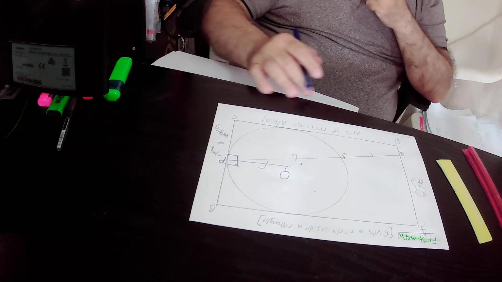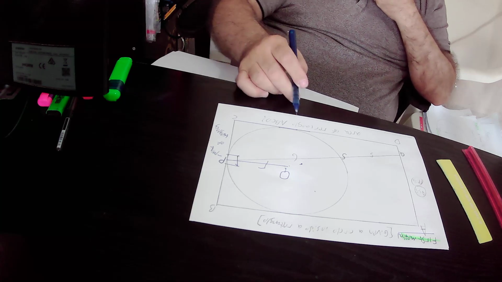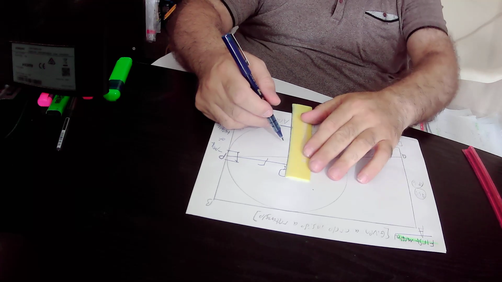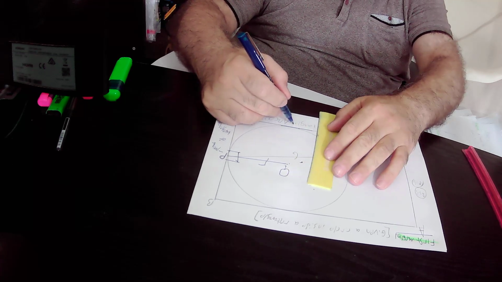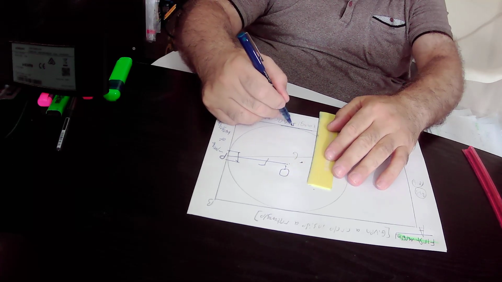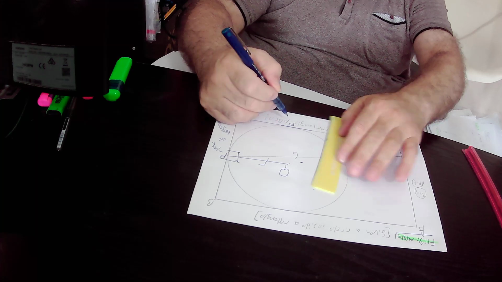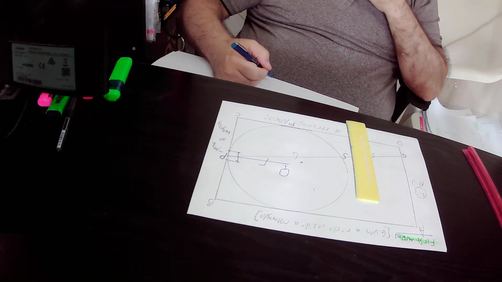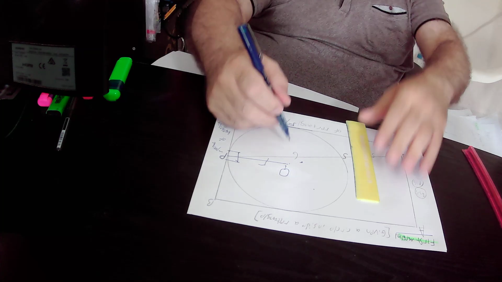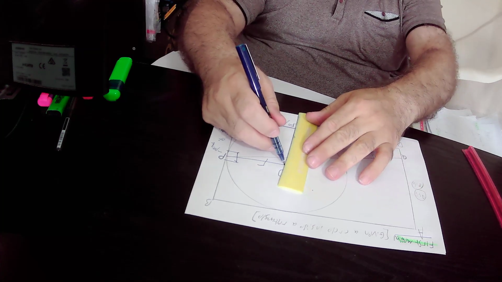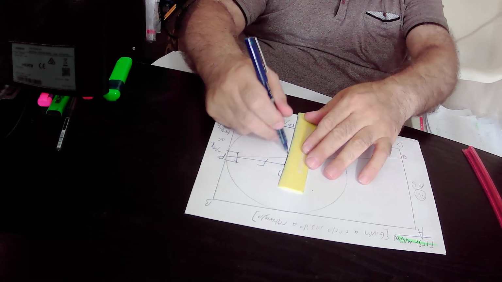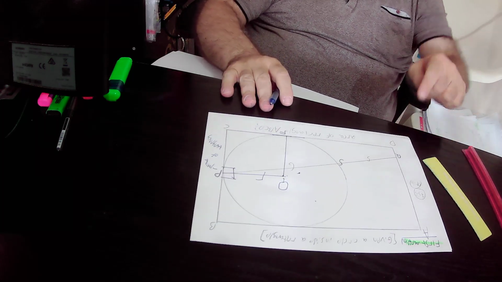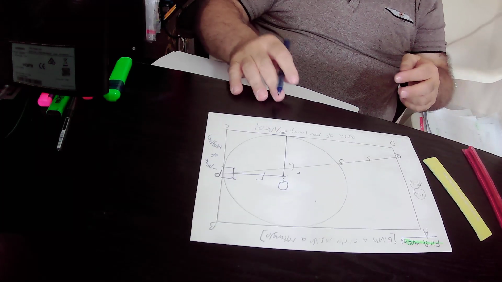We will define the point of tangency of tangent DC with this circle as point F. We will join points O and F together by a straight line. Point F is the point of tangency of tangent DC with this circle.